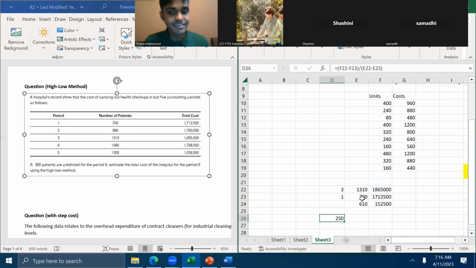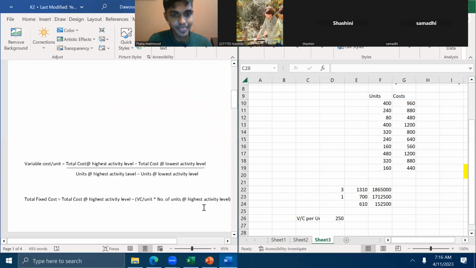This would be the variable cost per unit. It is this formula.